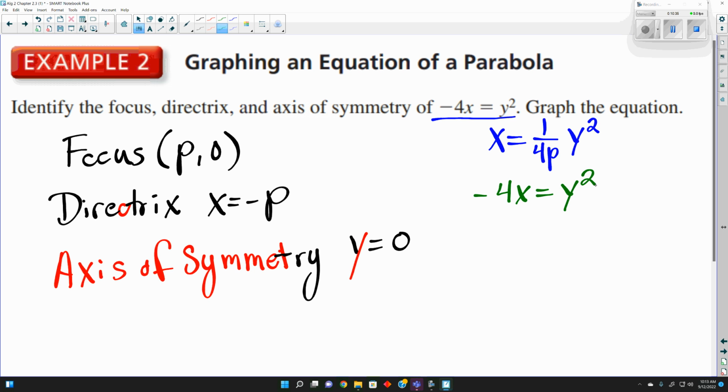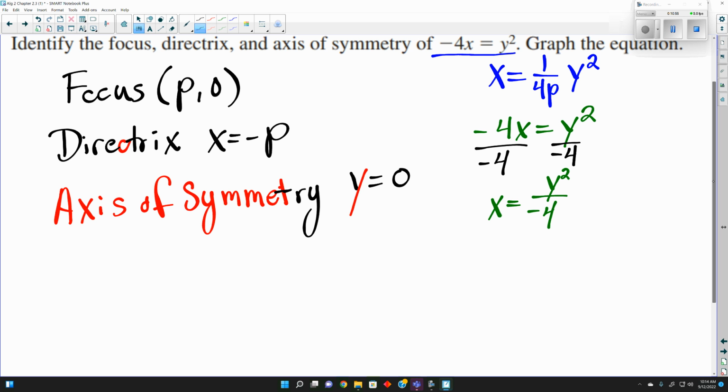Get it into that form. What do we need to do? Divide both sides by negative 4. Which will tell us that we have x by itself is equal to y squared over negative 4.